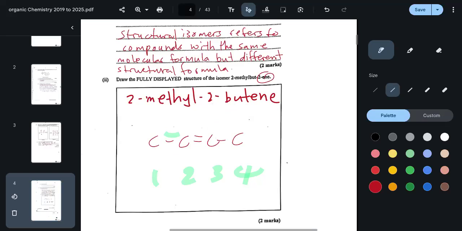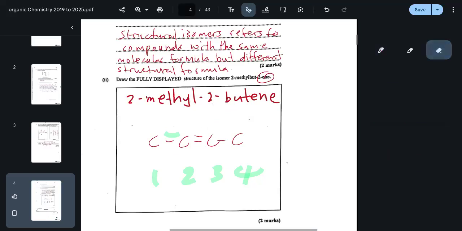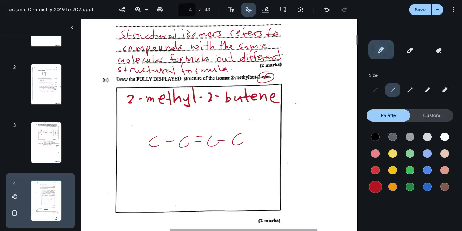All right. So with that said, now what else is missing? So we have the 4 carbons. Should I just put on hydrogens only? So but-2-ene, 2-methyl. What is the methyl group?